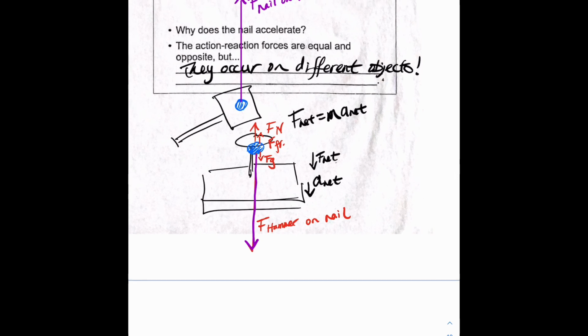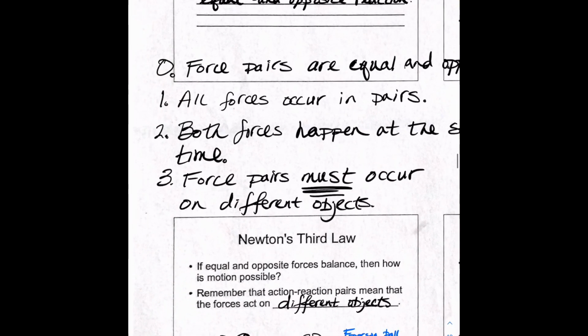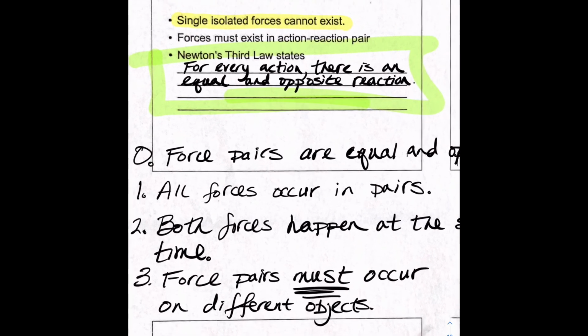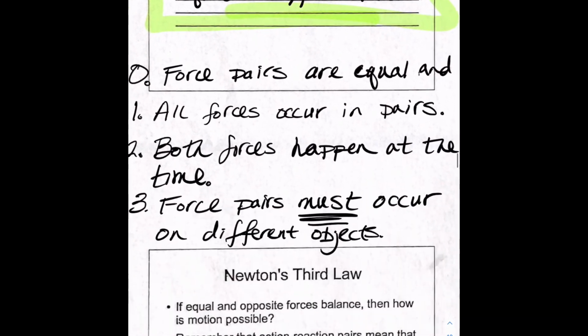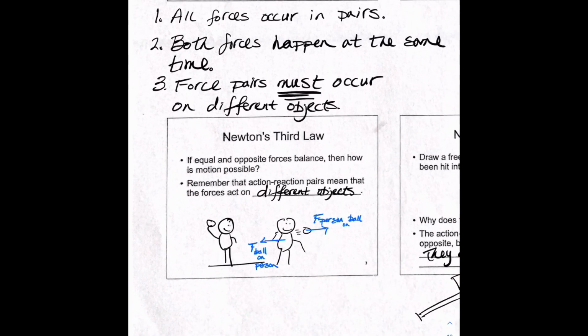And Newton's third law pairs, once again, quick review of how these forces occur and what Newton's third law is saying. What students and most people remember is, for every action there's an equal and opposite reaction, right? That's what most people are going to remember. But correctly stated, force pairs are equal and opposite.